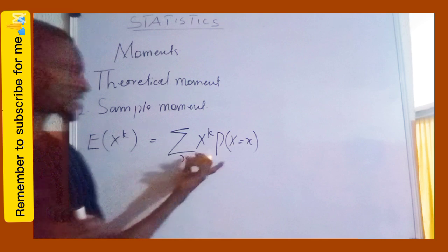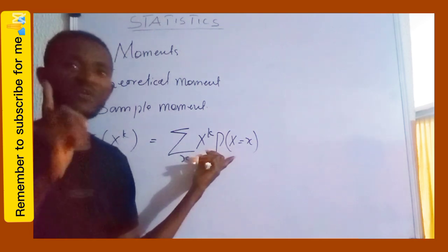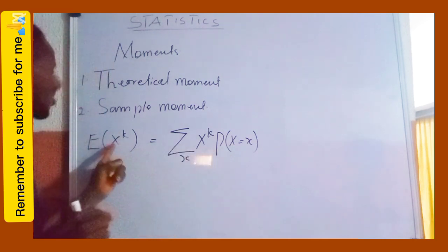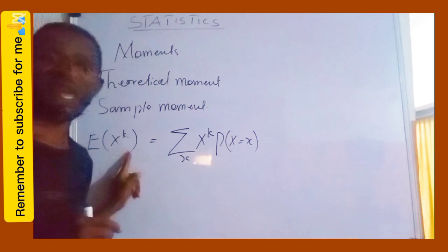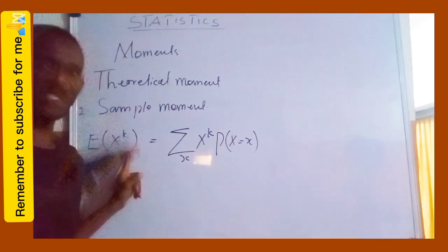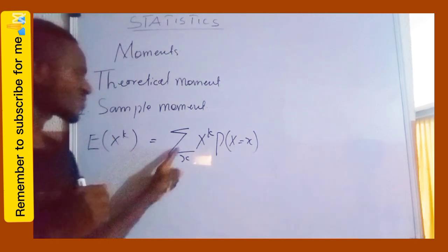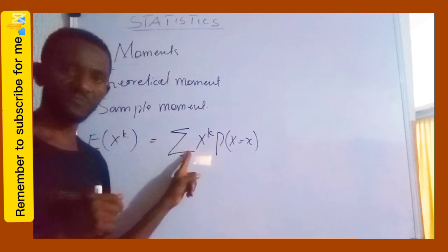It can only be expressed this way if and only if there is additional information that this random variable X is a discrete random variable. That is when we use this word sum.